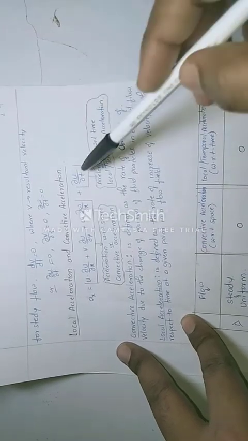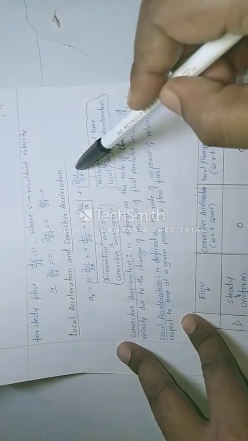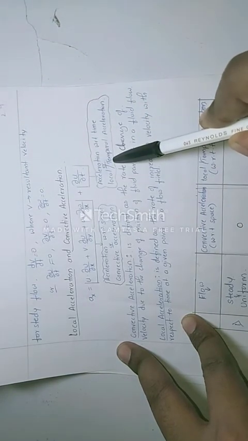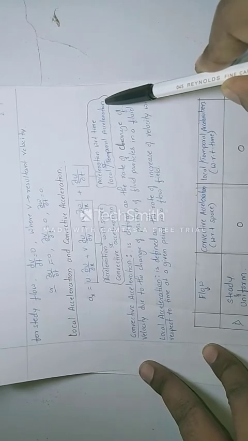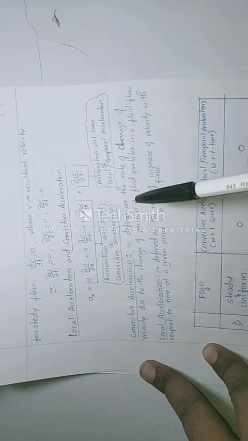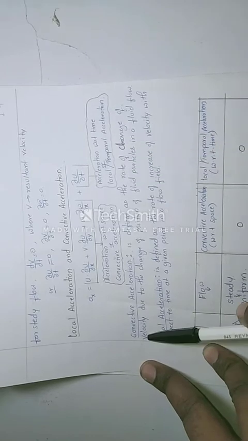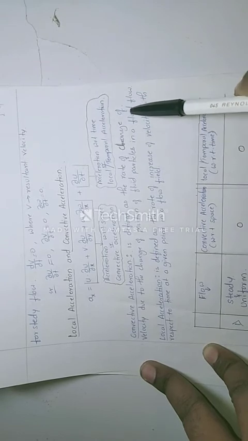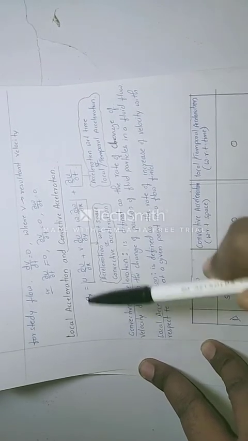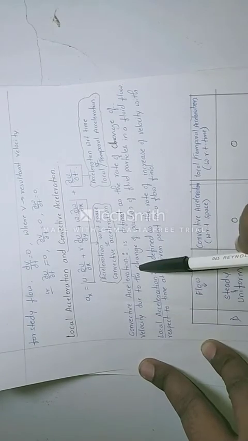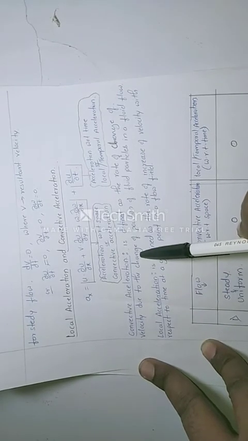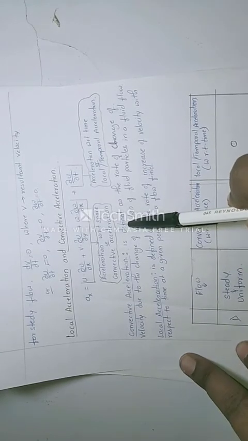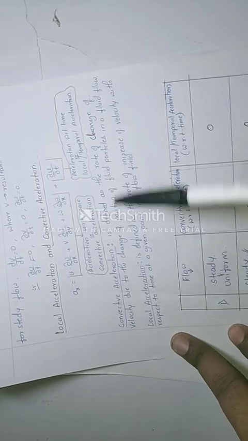And dou u by dou t, the acceleration with respect to time, we call the local or temporal acceleration. So what is convective acceleration? It is defined as the rate of change of velocity due to the change of position of fluid particles in a fluid flow. So the rate of change of velocity with respect to position we call convective acceleration. If it is with respect to time, then we call it local acceleration.